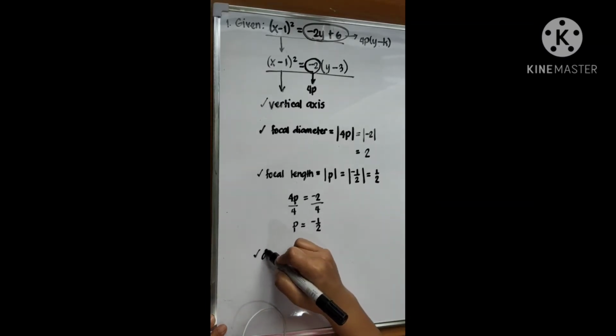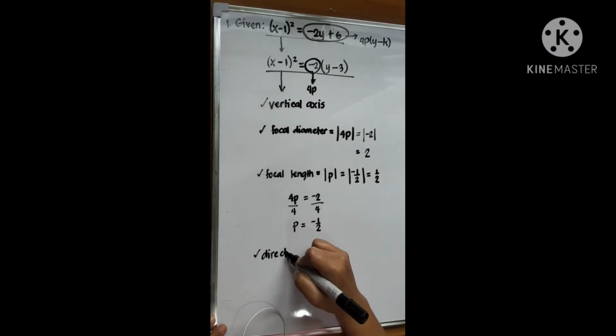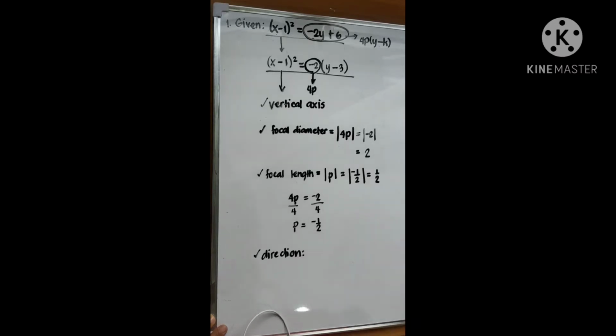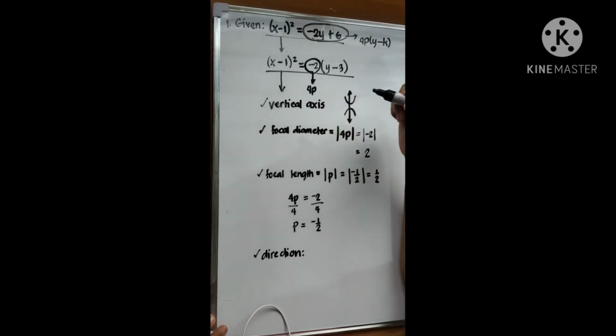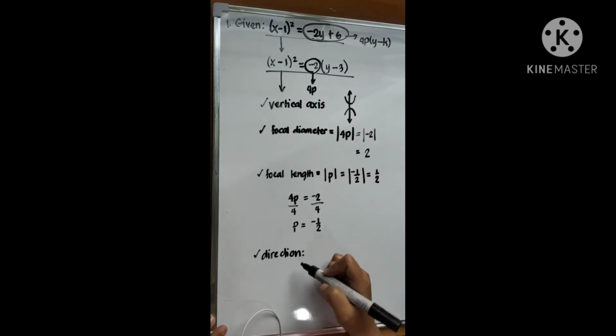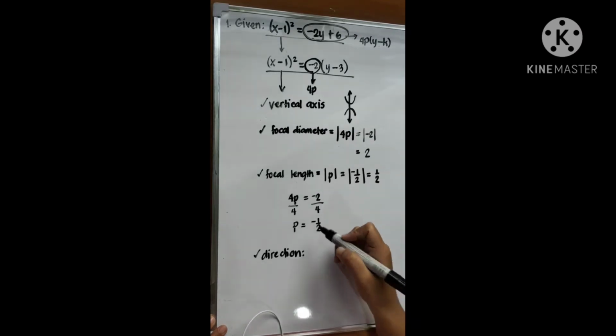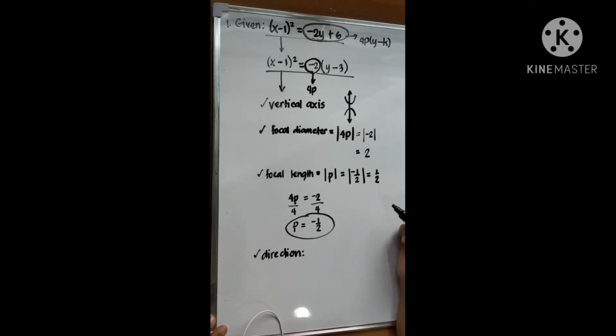Now lastly, let's have the direction of our parabola. When we say our parabola has a vertical axis, the parabola may open upward or may open downward. So for the direction, to identify if it opens upward or downward, we will be looking into our p.